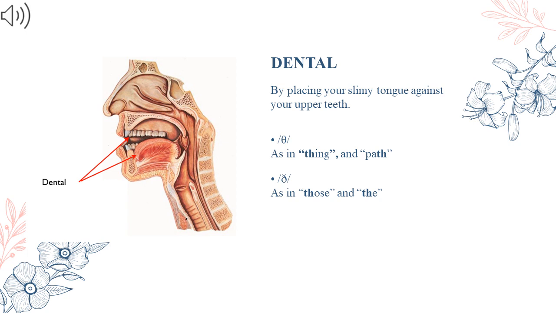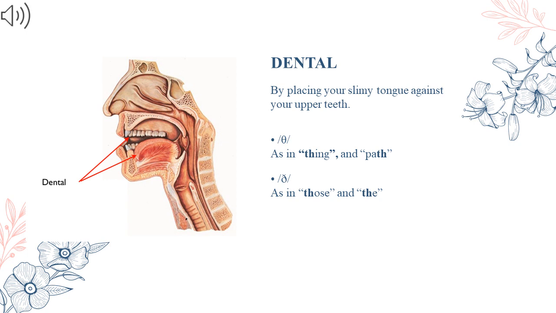The next sound is interdental or dental sounds. By placing your tongue against your upper teeth, you create these sounds. This symbol is part of the IPA, the International Phonetic Alphabet, but it is the sound that occurs in thing and path. There are only 2 interdental sounds in the English language.